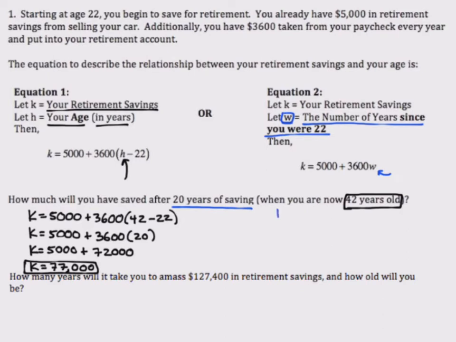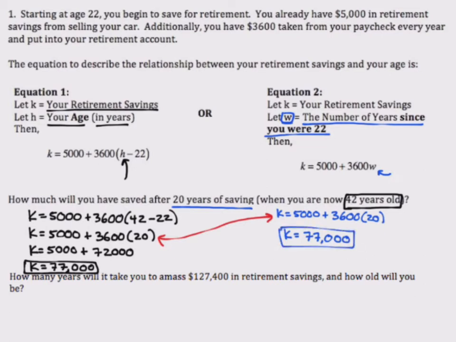So we get K equals 5,000 plus 3,600 times 20. Now it should be no surprise with a quick glance to the left that of course we're going to end up with the exact same number. And that's reassuring. And it just goes to show that with two different equations with slightly differently defined variables, we can come up with the exact same answer.